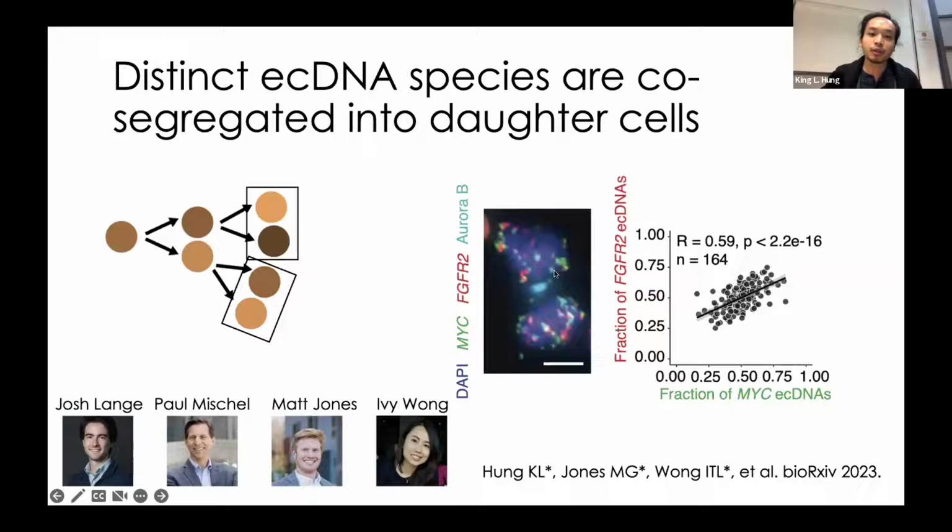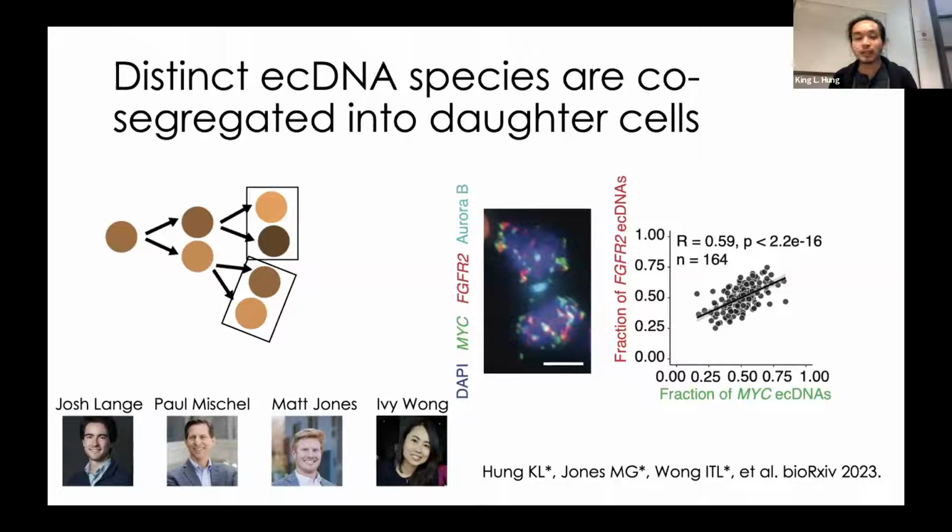And we can look at these daughter cells and do DNA FISH to look at copy numbers of different ecDNA species. So this is an example of a stomach cancer cell that has divided into two daughter cells with FGFR2 and MYC ecDNAs. And so we can count all these ecDNAs in daughter cells and look at the copy numbers.